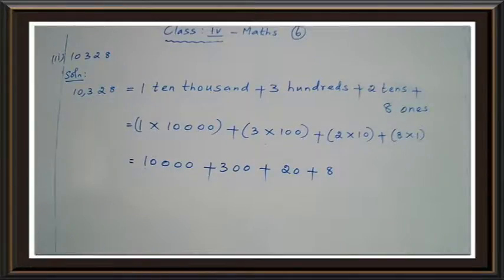Okay, now you continue your writing. Second one, write it fast, write it in your classwork note, okay? 10,328. You write in expanded form in 3 different ways. First way, 1 10,000 plus 3 hundreds plus 2 tens plus 8 ones equal to, next way. Then after, you write the third way. Okay children? I hope you understood. Yes? Okay.